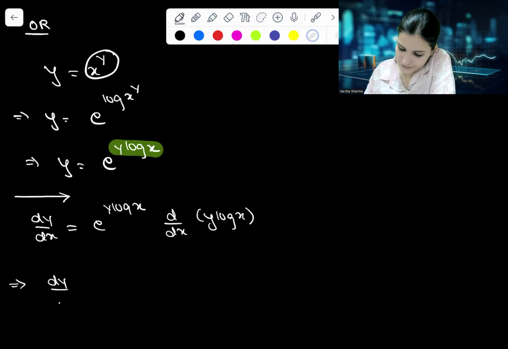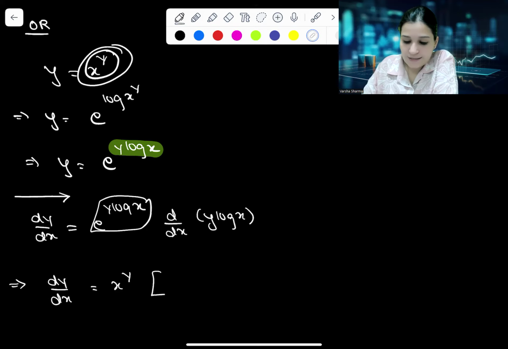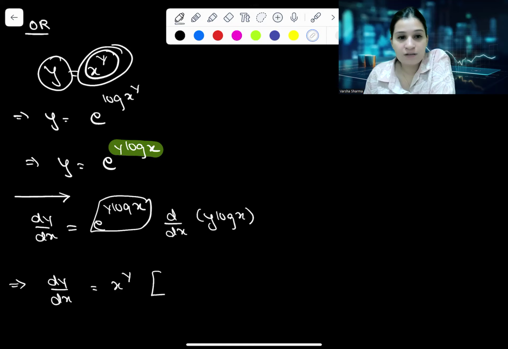So dy by dx. Writing this term again as x power y, or we can also write this as y. Right? x power y is the same as y. You can write this as x power y also, or you can write this as y also.